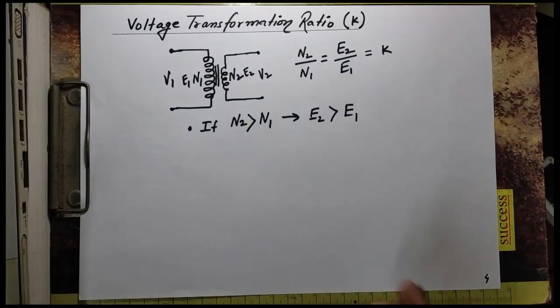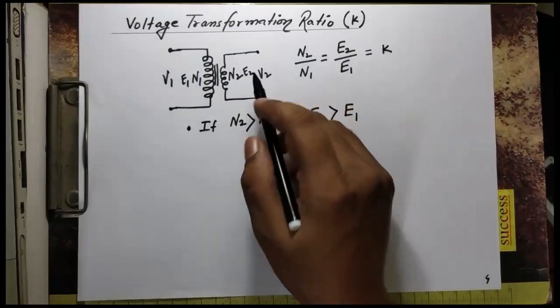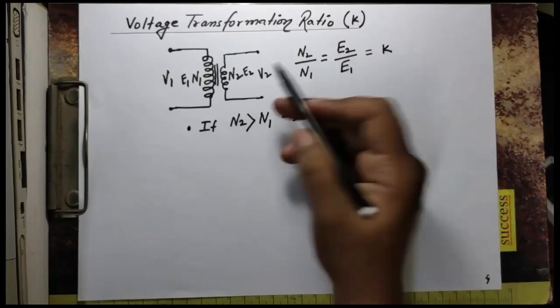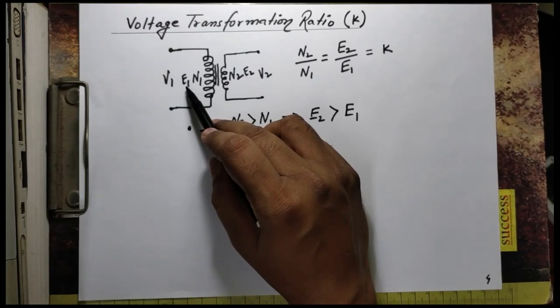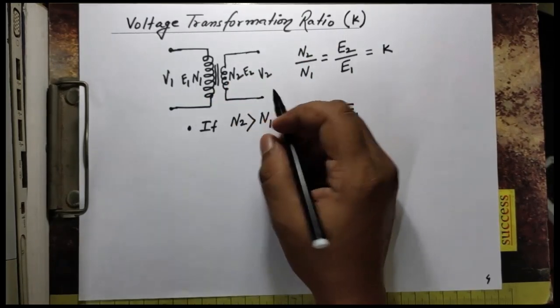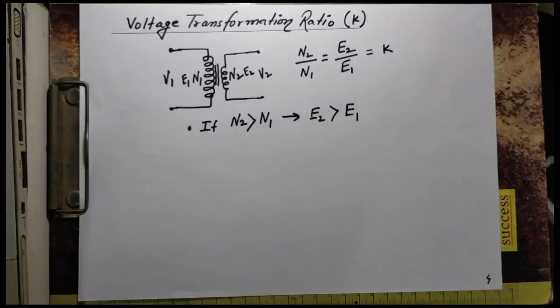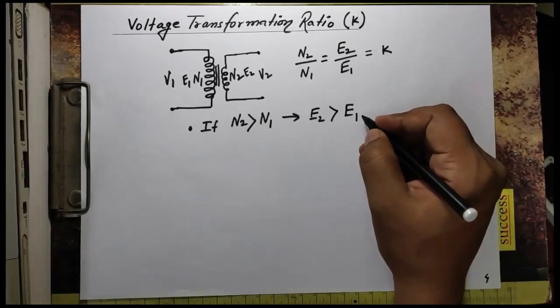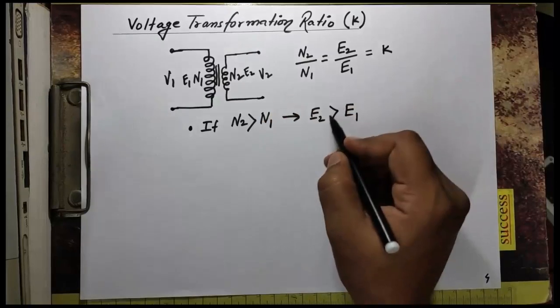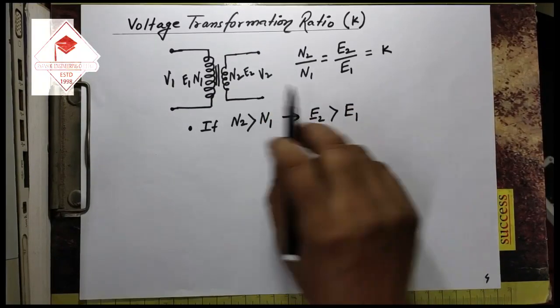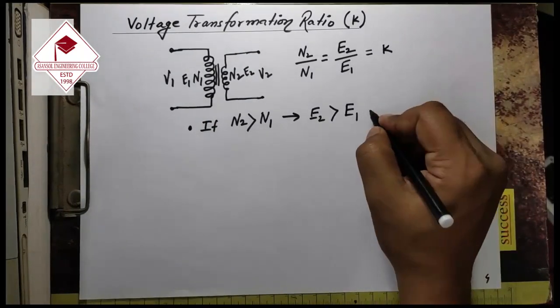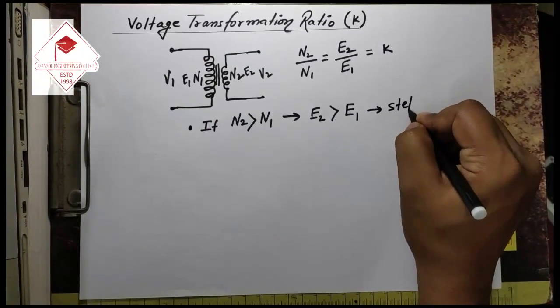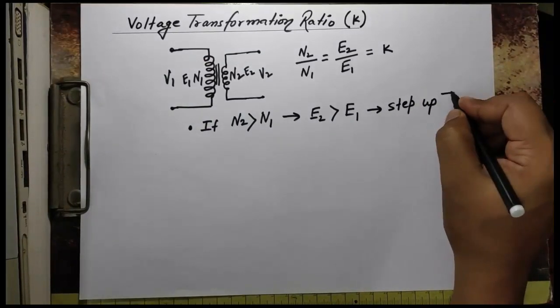In an ideal transformer, E2 and V2 are equal, and E1 and V1 are equal. So if E2 is greater than E1, this output voltage is greater than the input voltage. So this is a step up transformer.